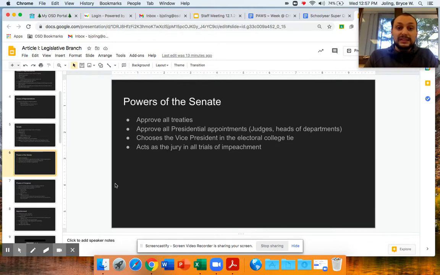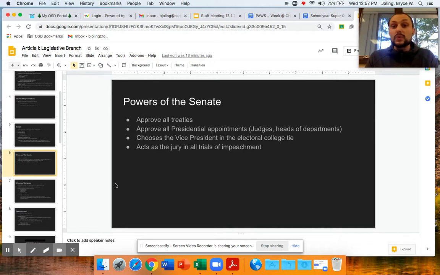One really famous example of this is in the aftermath of World War I. President Wilson negotiated the League of Nations, which is essentially the United Nations before the United Nations. He was a big proponent of it, and he came back to the United States, but there was a Republican Senate, and it did not agree with the treaty that Wilson had negotiated.